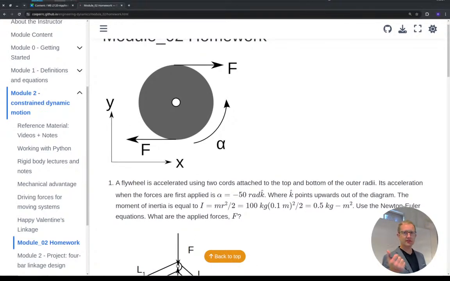So our first question, homework 1, question 1. We have a flywheel and we know how fast we want to accelerate it, but the question is, how much force do we need to apply? This is like two ripcords pulling on this flywheel. A flywheel is just a fancy name for a big disc, something that stores rotational energy.